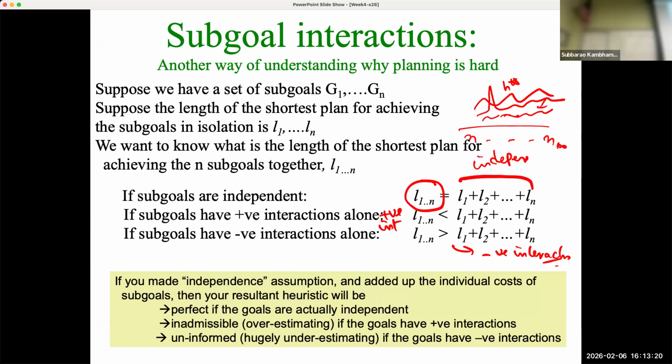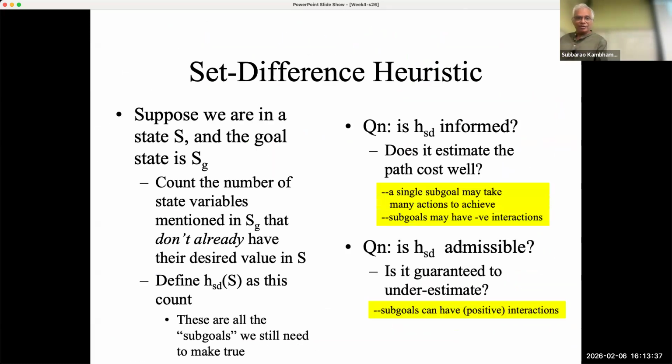The question is, what is on this side? Infinity. Why would infinity happen? Because they keep undoing each other. Not just that, I want to do a couple of things.